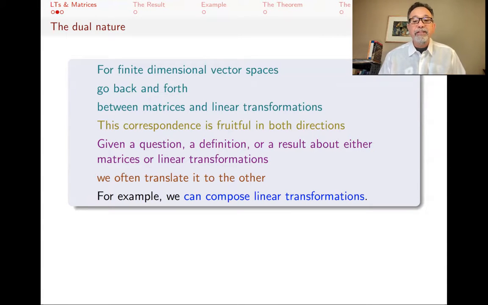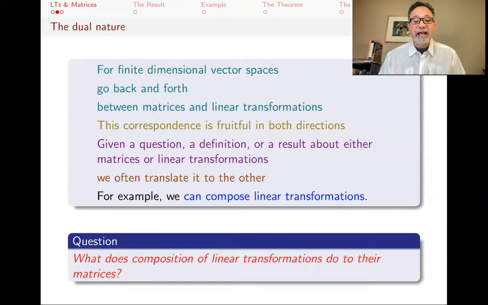And so one question we might have is, when you compose linear transformations, what happens to their matrices? This linear transformation had a matrix, that linear transformation had a matrix, their composition has a matrix. Could I get the new matrix from the previous two? That's the subject of this lecture, and in fact, the only subject of this lecture.